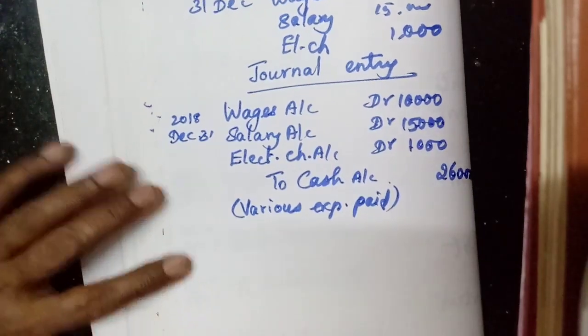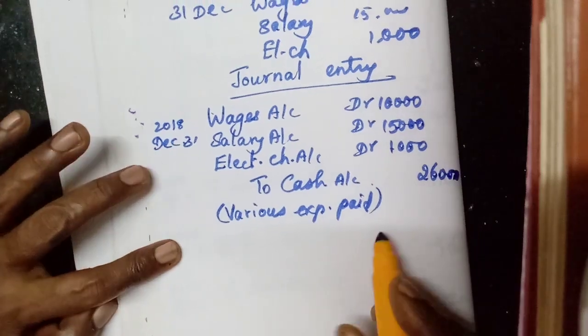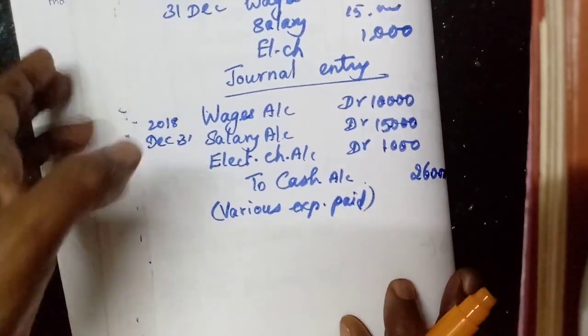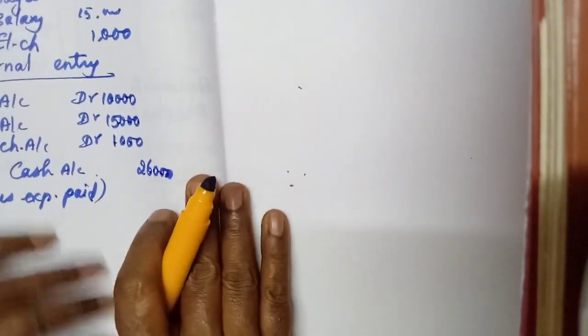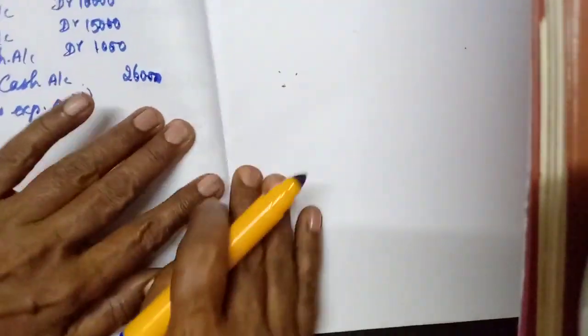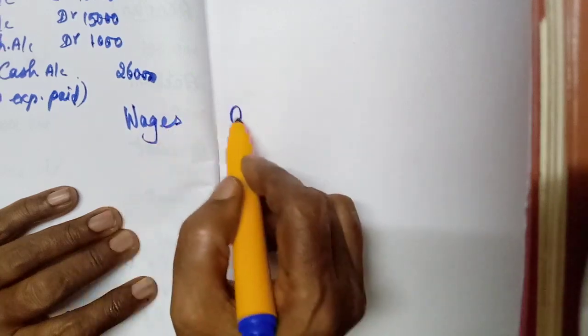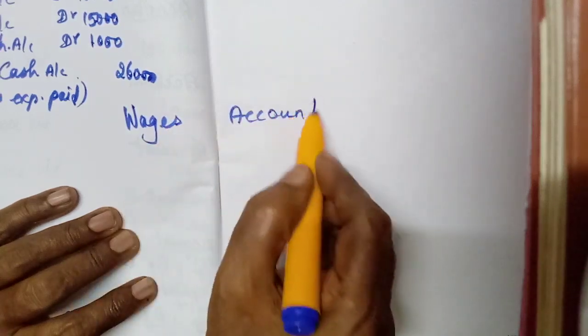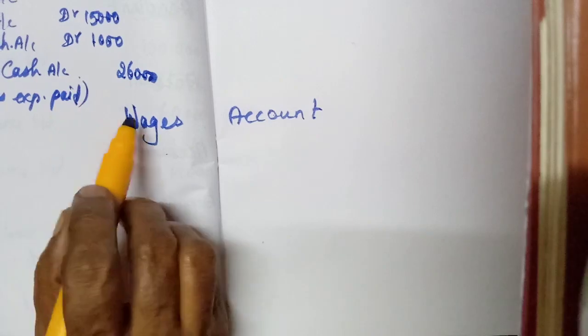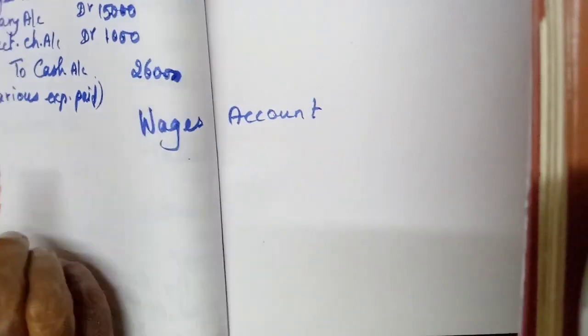Okay, how to post this one? For example, wages account. We will write, wages is debited, so the debit side we need to post, isn't it?